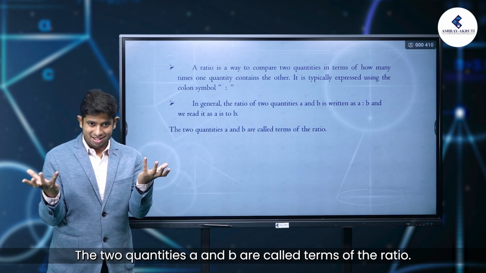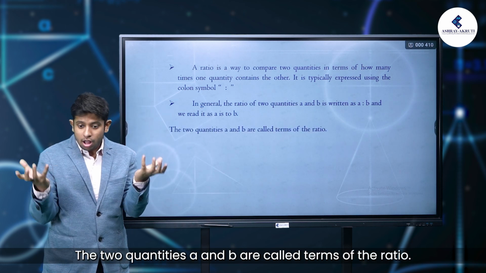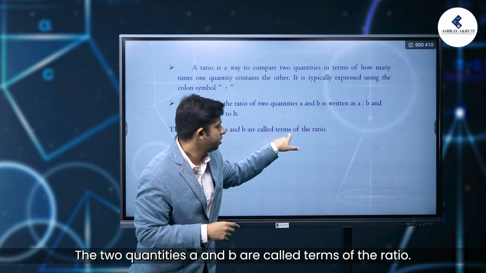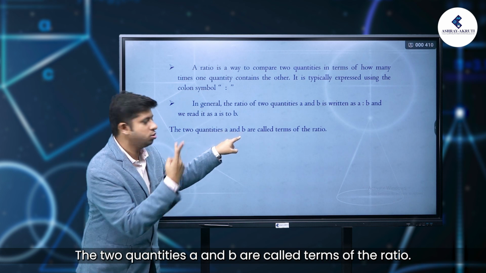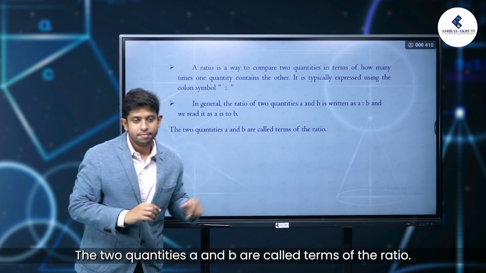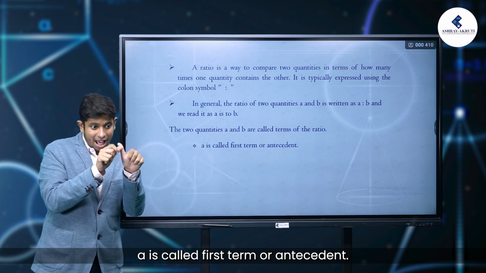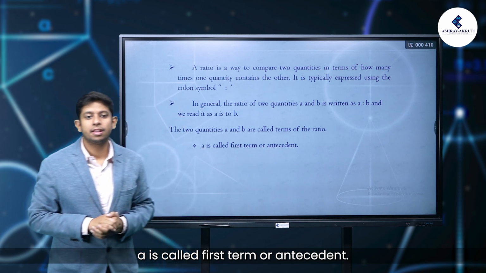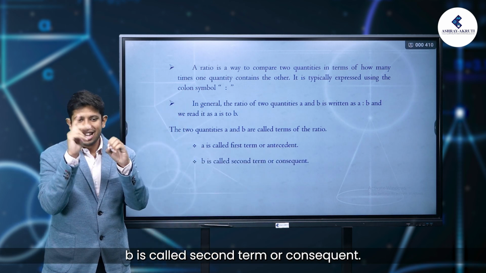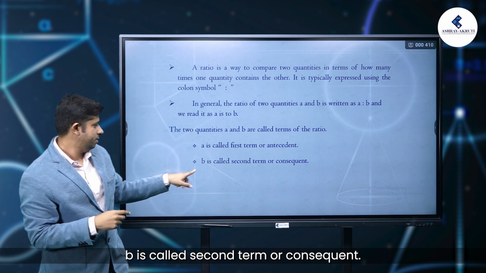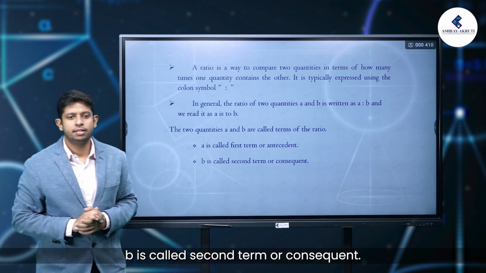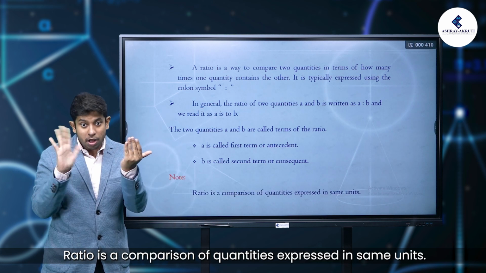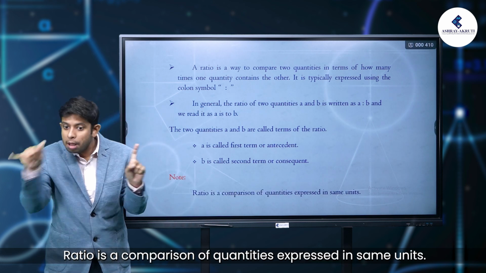The two quantities A and B are called terms of the ratio. A is called first term or antecedent. B is called second term or consequent. Note: ratio is a comparison of quantities expressed in same units.